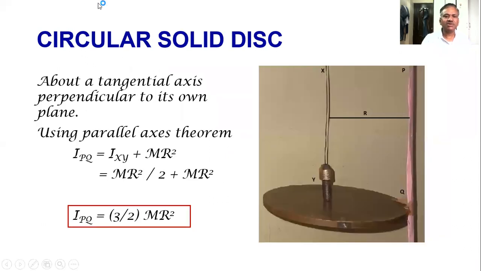This is about this axis. It is a tangent and also perpendicular to its plane here. What is the formula? I equals 3 by 2 m r square. This is the formula. Now I will use it.